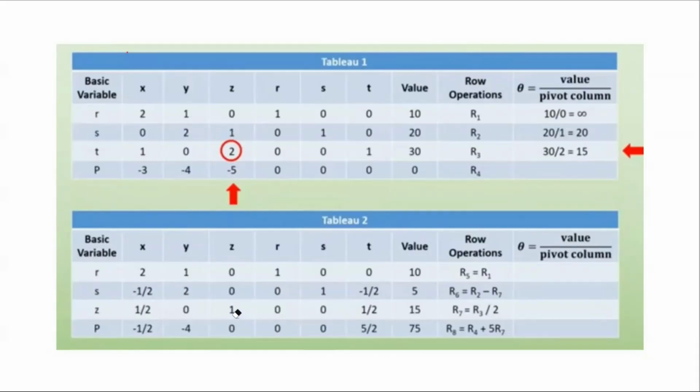So if I subtract this 1, you'll get a 0, and that's what you want. You do it for all the other elements, and you get this. And this one at the bottom here, what do you do? Notice you take row 4, that's this row, plus 5 times row 7. So you take the same row here.